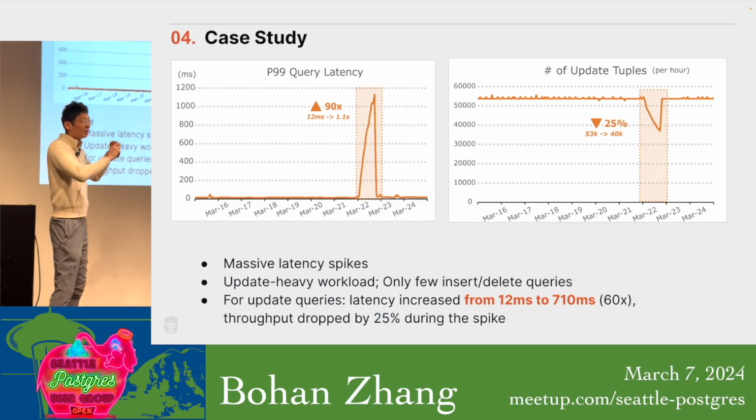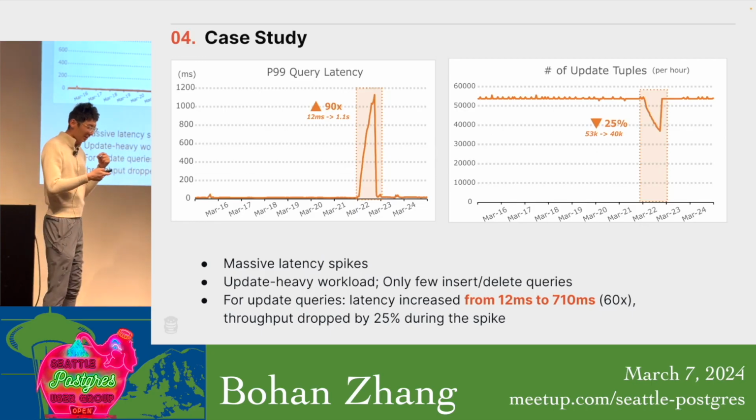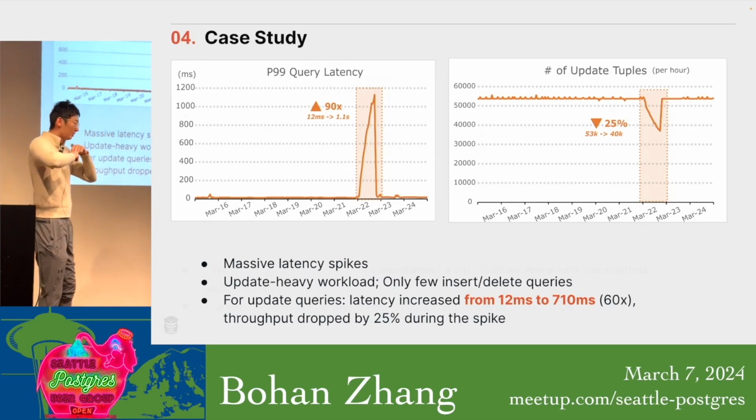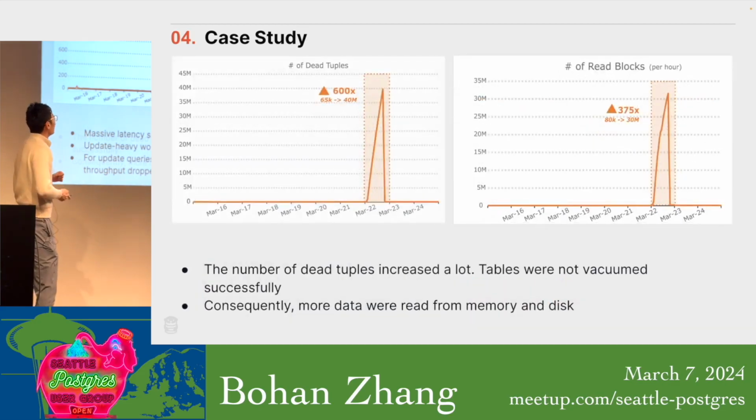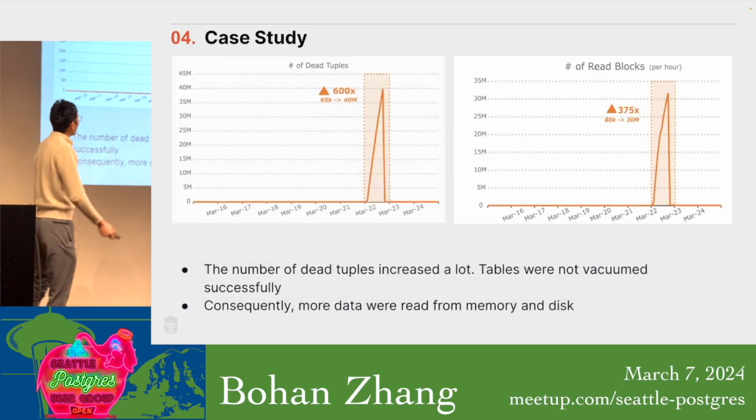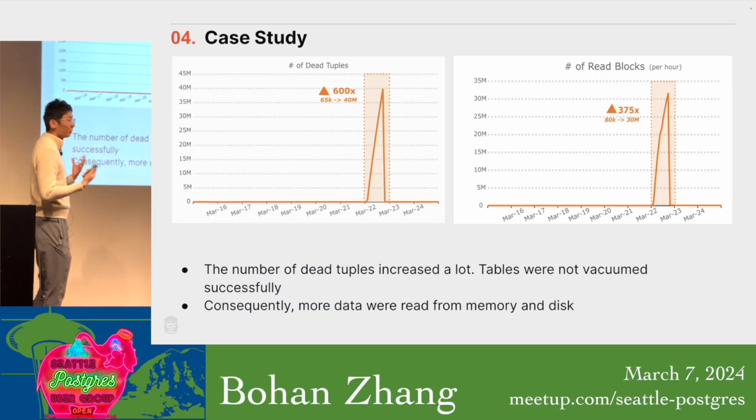The dead tuples are not because of a huge update during that time. The number of update queries is not changing, but the dead tuples increased by 600 times. So we think the tables were not vacuumed successfully for this customer.